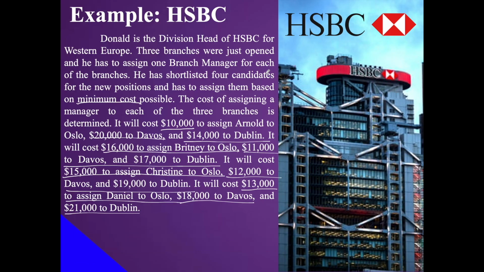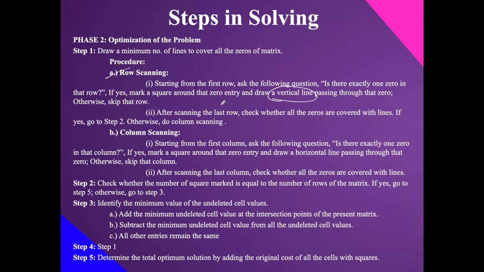So, meaning to say, gagawin pa natin yung column scanning. And for the column scanning, this is almost the same with the row scanning. Sabi niya dito, starting from the first column, ask the following question. Is there exactly 1 0 in that column? If yes, mark a square around that 0 entry and draw a horizontal line. Baliktad doon sa row scanning.